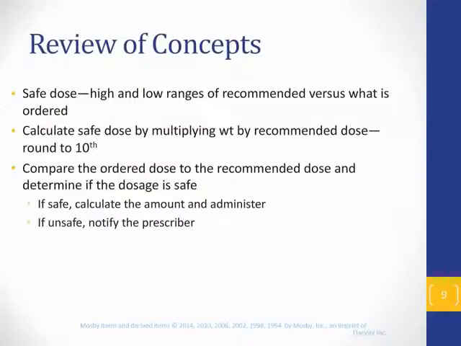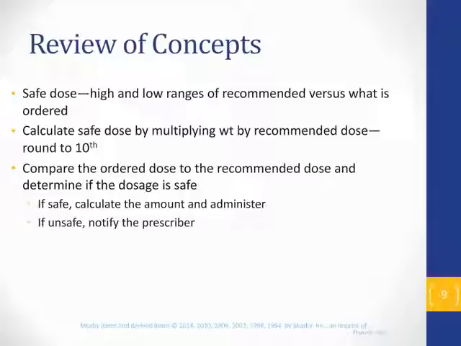When you're looking at the dosage range, you're looking at the safe range. The highest amount of medication that can be given in a 24-hour period or per dose, and the lowest amount that can be given for a particular child. So first you'll calculate the weight, and then it'll say that the child can get, perhaps, let's make something up, like 10 milligrams per kilo per day.